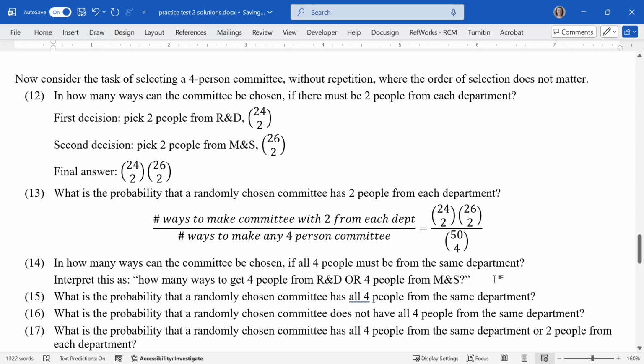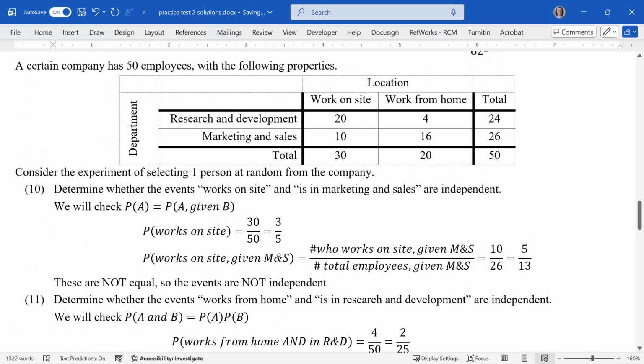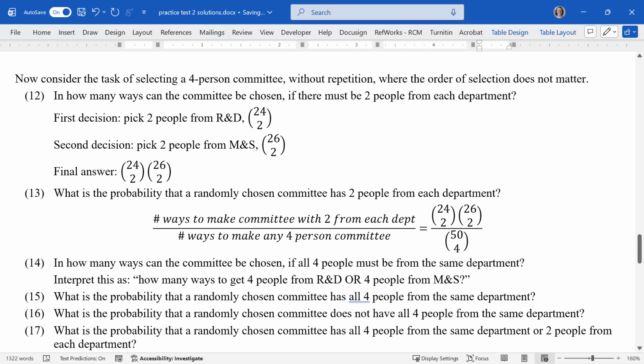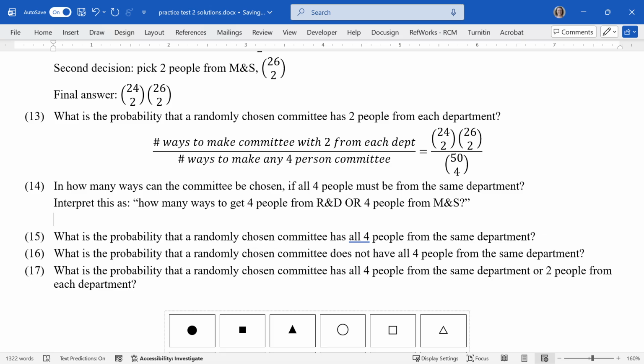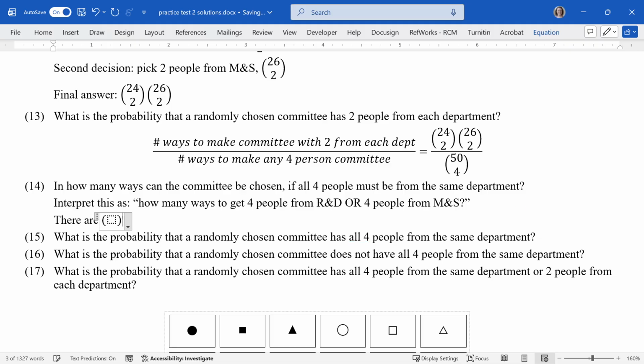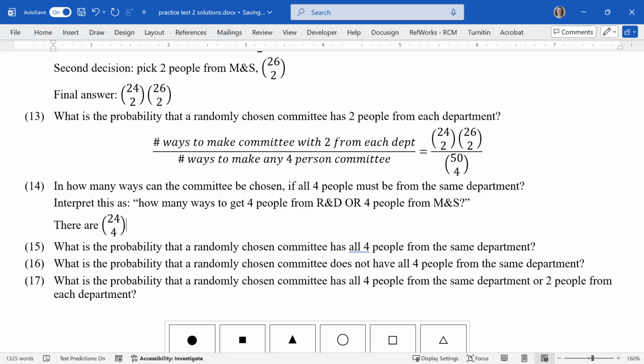Okay. So let's see, there's 24 people in R&D, 26 in marketing and sales. And we already know how to calculate these 2 things separately. So there are 24 choose 4 ways to get a committee, all from R&D.